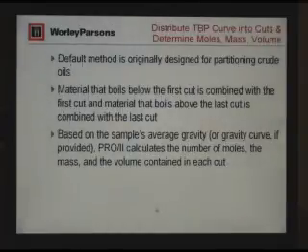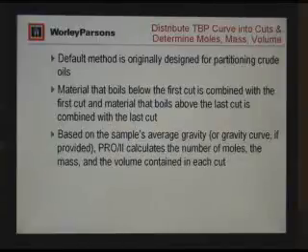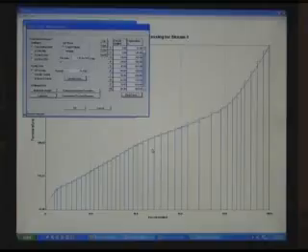And the default cuts, the 28, 8, and 4, that's originally designed for partitioning crude oils. So materials that boil below the first cut is combined with the first cut. If you look at the plot again, right here, this is a material that boiled, well, this is the light ends.